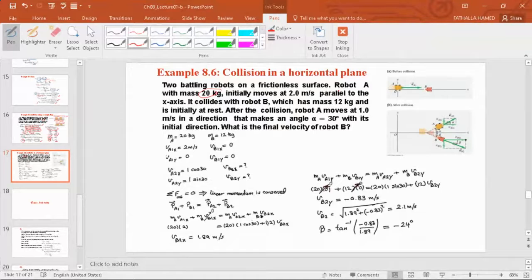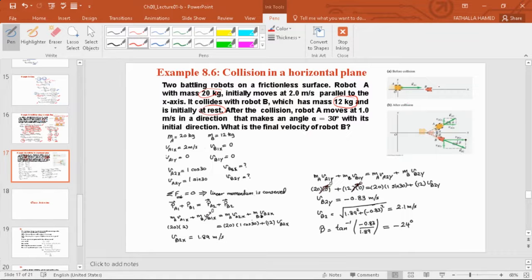So it's moving to the right, so it's positive. It collides with robot B, which has mass 12 kilograms and is initially at rest. After the collision, robot A moves at 1 meter per second in a direction that makes an angle of 30 degrees with its initial direction. What is the final velocity of robot B?